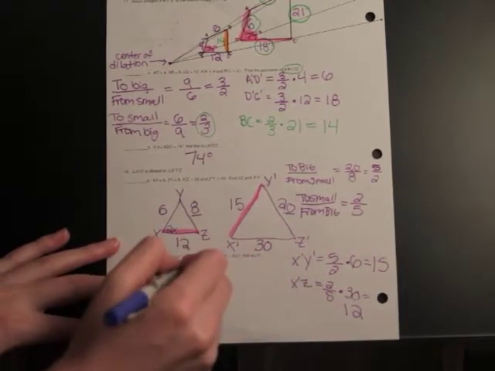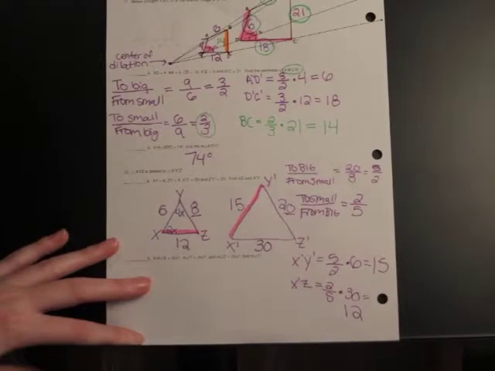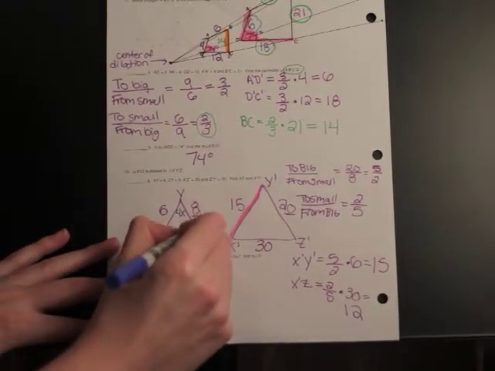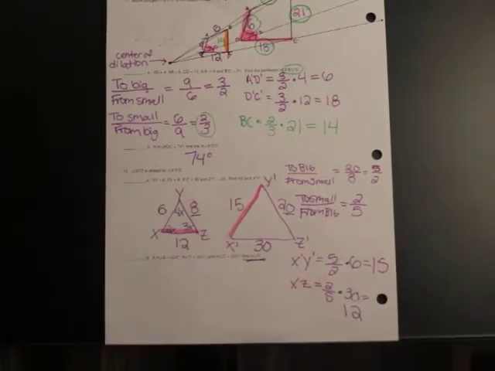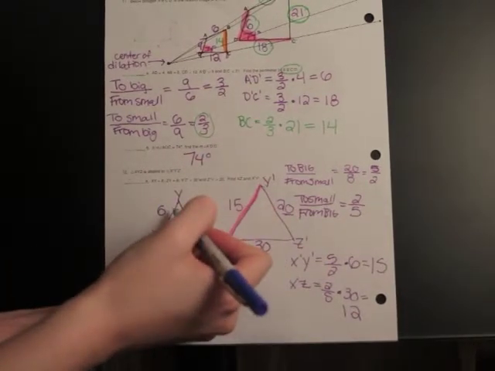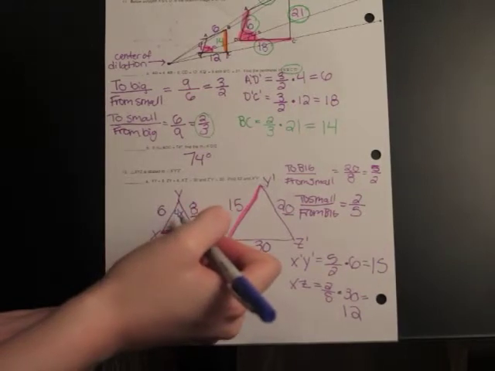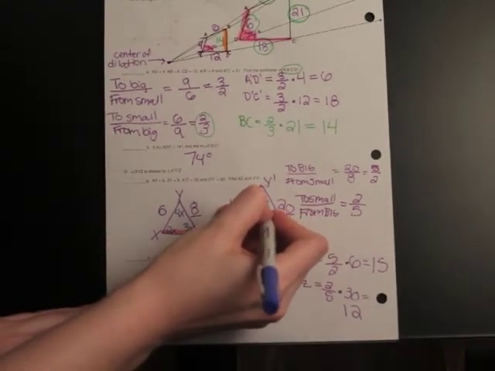The measure of angle Y is 4x. And the measure of angle Z is 3x. Then it wants us to find the measure of angle Y prime. Again, what did we say about corresponding angles? They are going to be congruent. So if Y prime is the same as Y, and Y is 4x, then Y prime is also going to be 4x.